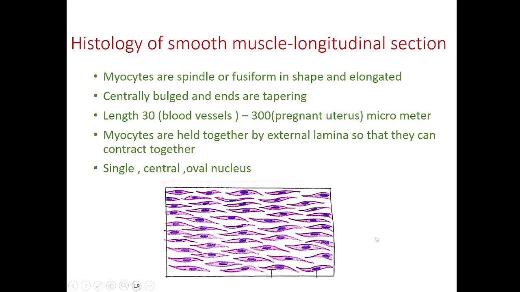This is how they are arranged. And they are forming muscularis externa, muscularis mucosa in most of the hollow viscera in GIT and also in ureter. They are also present in urinary bladder, in the vas deferens, in urethra.